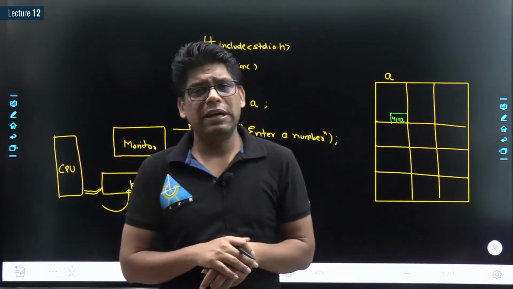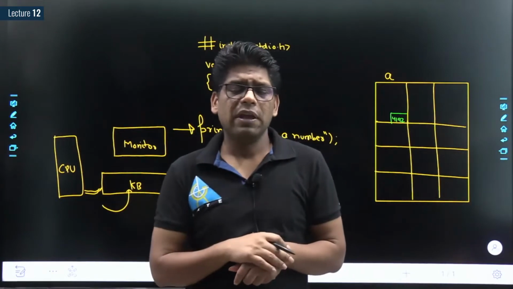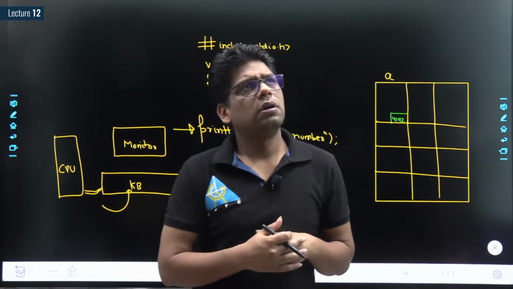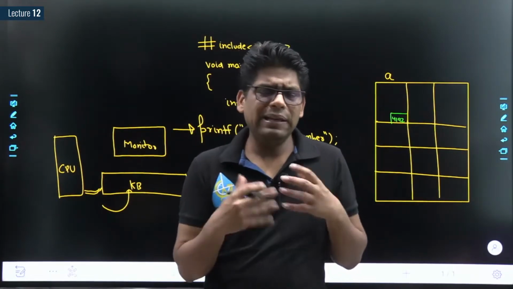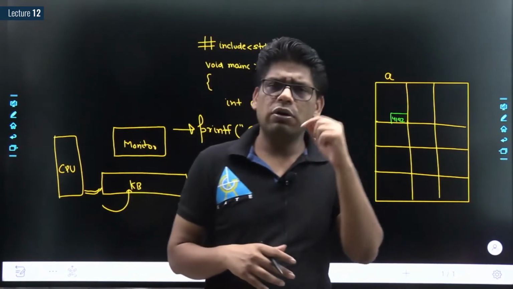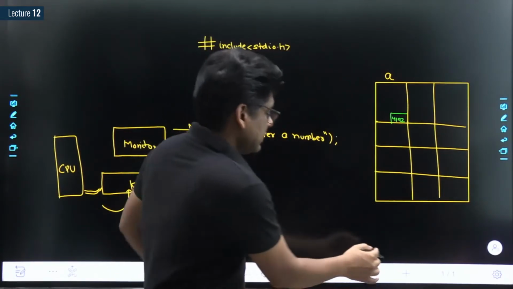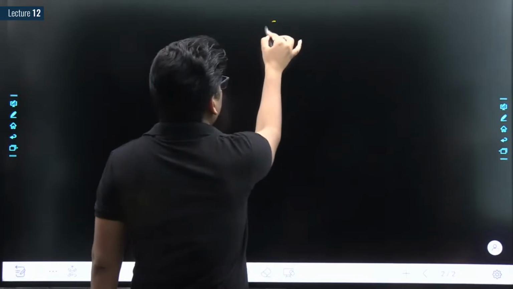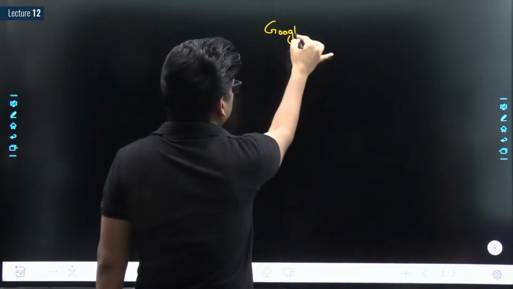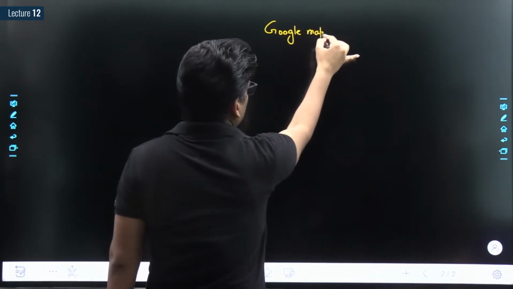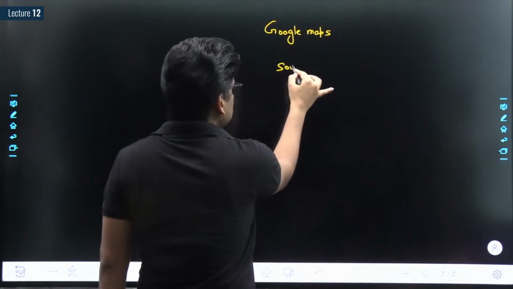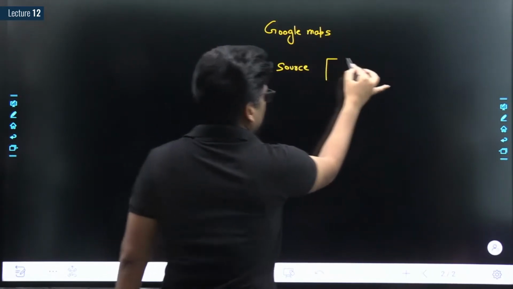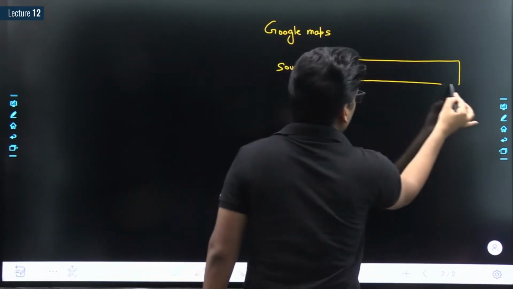Sir, what do you mean by user friendly? Try to understand. Whenever we talk about any app, any application, I have already talked about Google Maps. Okay, let me take an example again. Sir, when we open Google Maps, there is something written as source and some space is given to you.